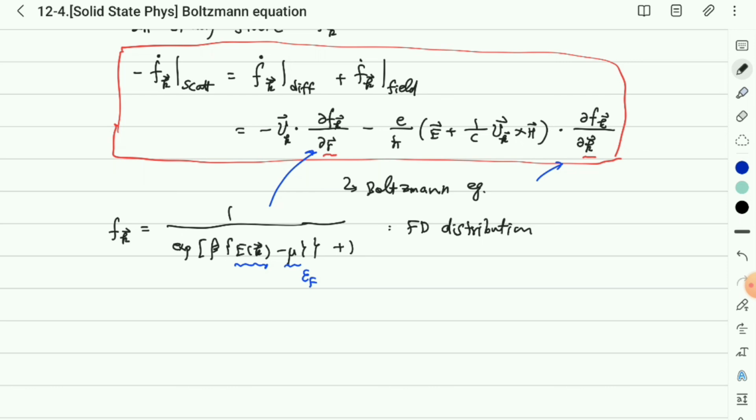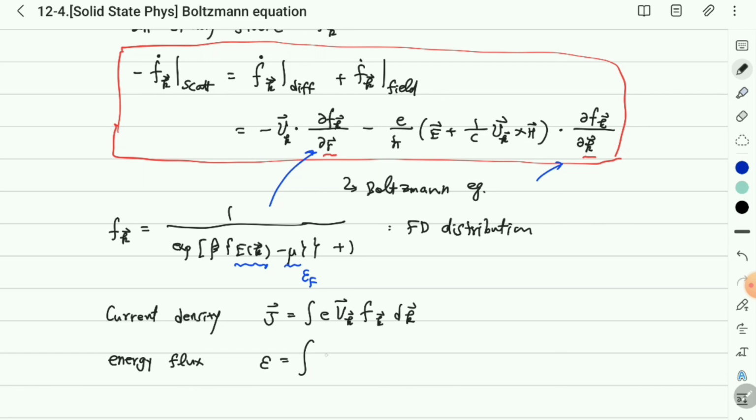And here we define the current density as the integral of e v_k f_k dk. It is the current density. And the energy flux is the integral of epsilon_k v_k f_k dk.